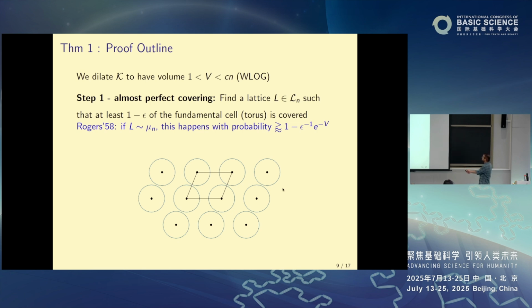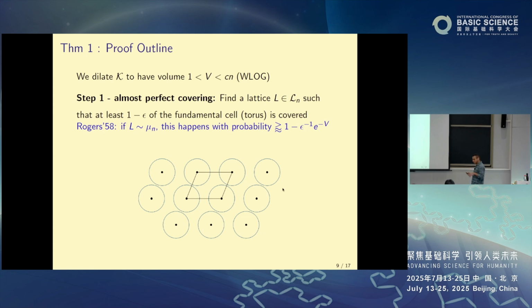Okay, so we start with some convex body K. And as we've discussed before, the volume of this initial convex body is irrelevant to the covering density. So we can assume without loss of generality that its volume is V, and V is a number between 1 and C times n for some constant, right? And now our job is to construct a lattice L such that L plus some dilate of K will cover the entire space, right?